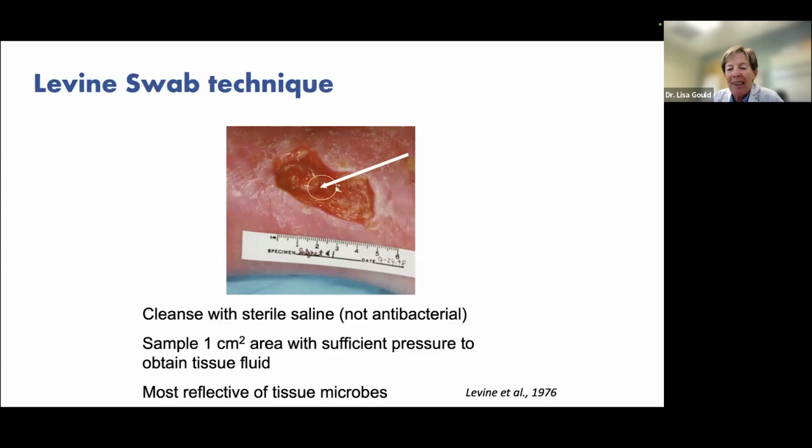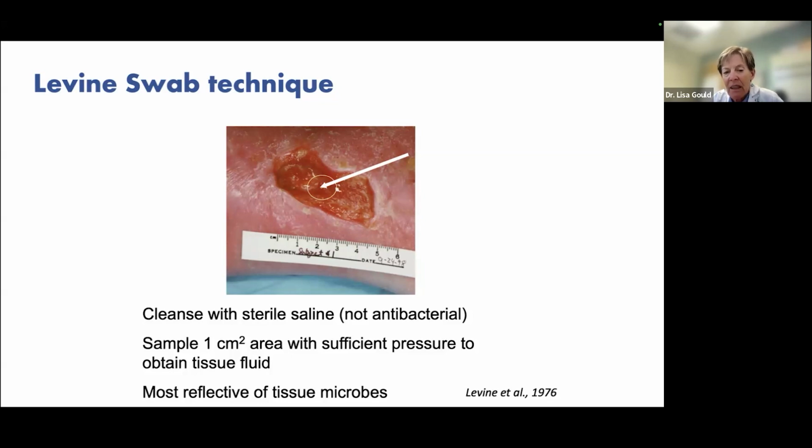It's old, but then it's been compared to biopsies of the tissue, and it correlates pretty well. So the idea is you clean the wound with sterile saline, but not with an antibacterial. You know, some saline has antibacterial elements in it, or you might clean with an antiseptic. You don't want to do that.